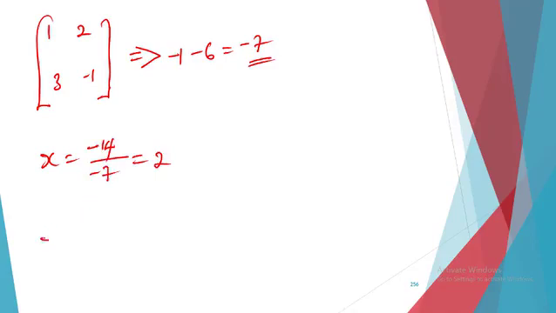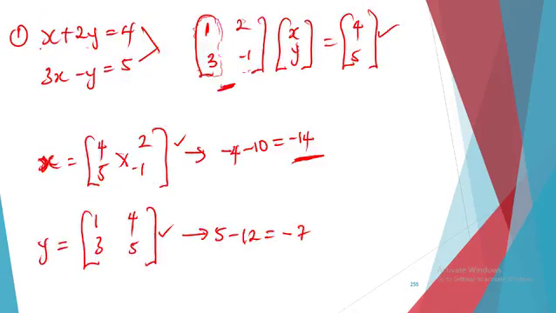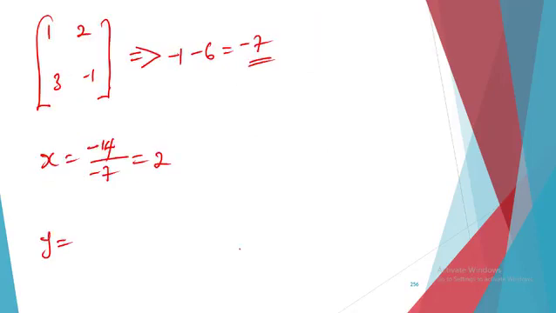Then y is equal to the determinant of the new matrix for y divided by the determinant of the original matrix. So we have minus 7 over minus 7, and that will give us 1 as our answer. So x is equal to 2 and y is equal to 1.